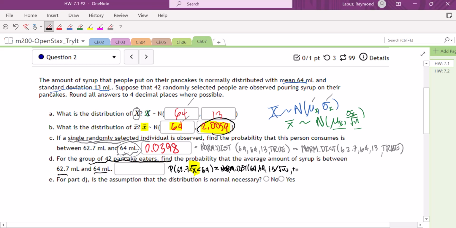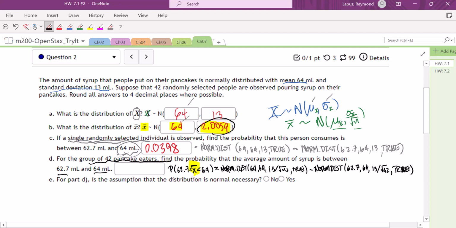And then we'll put true here. And minus the same thing, norm.dist. And then 62.7, 64. And then again, the change here is 13 divided by the square root of 42. Of course, you would type in SQRT and then true.